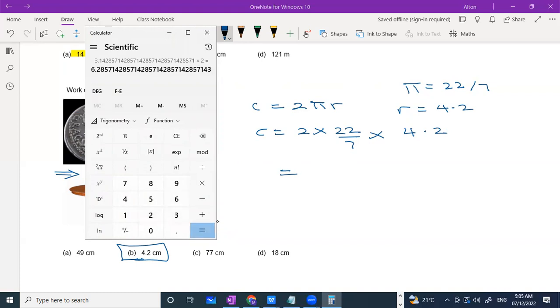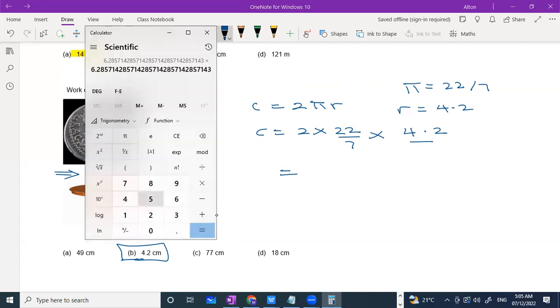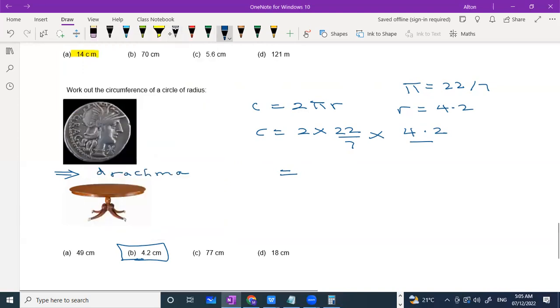And then that answer, I'm going to multiply by 4.2. And the circumference will be 26.4 centimeters. Right? And that will be the answer.